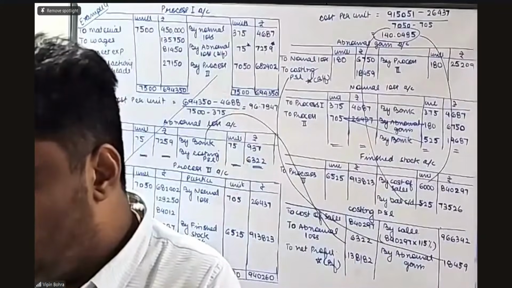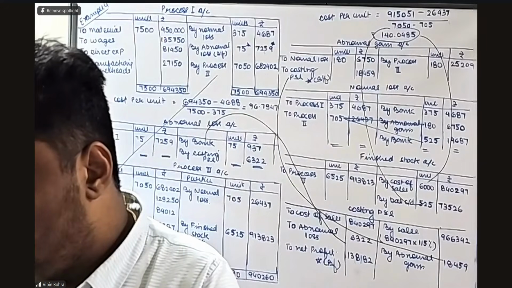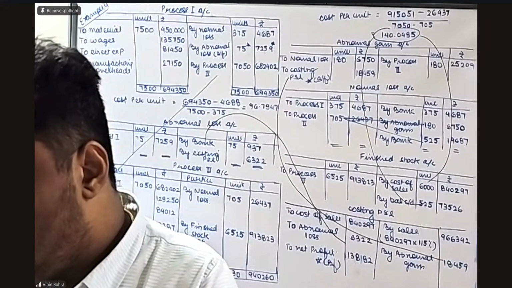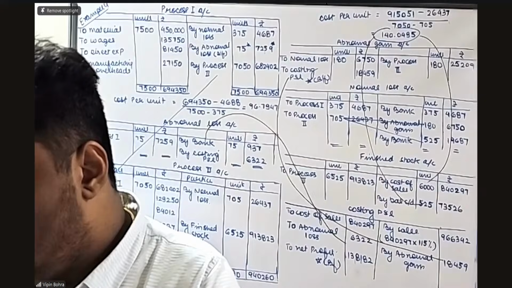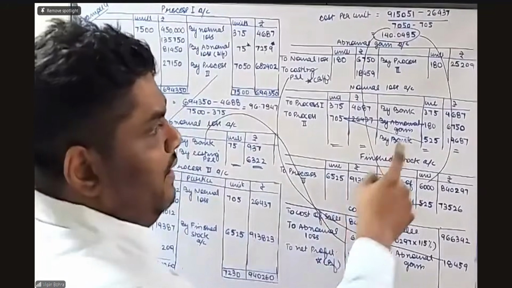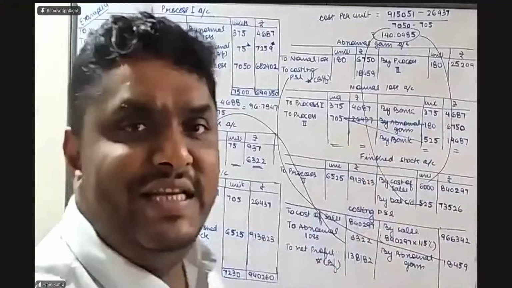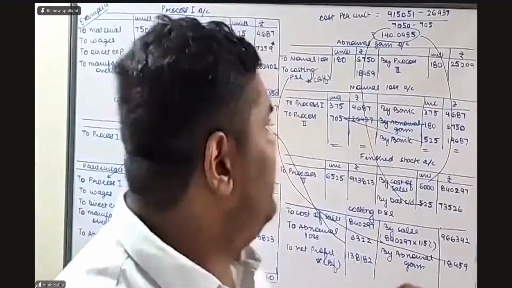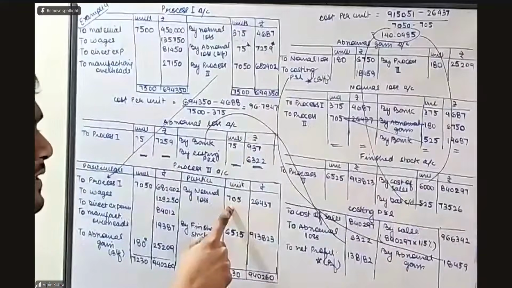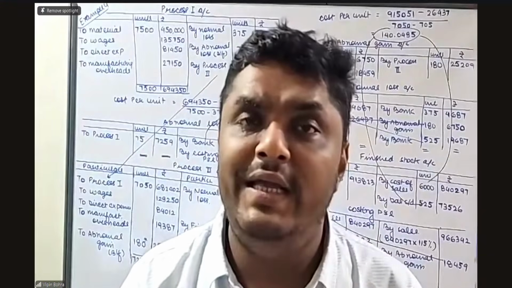Harsh. See, normal loss, we are recovering how much? 37.5. See, we were expecting a loss of 705 units. However, there is an abnormal gain of 180 units.